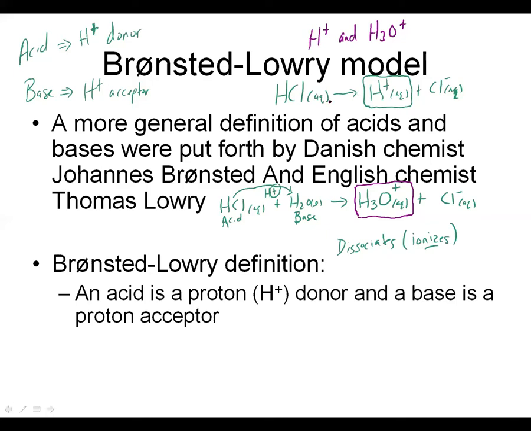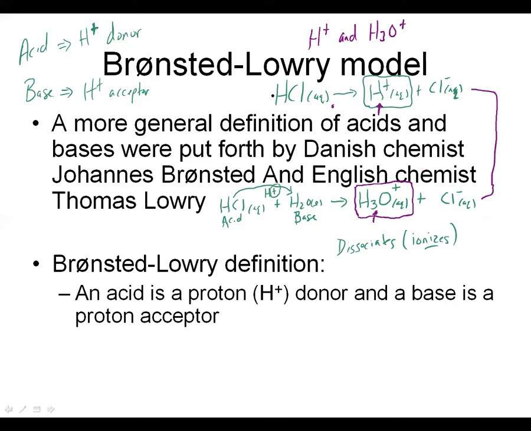When we don't include water, which is very common when we write a reaction for a strong acid, that is when we get the H plus that is formed. They're again identical to each other. Both of these reactions are perfectly fine ways to demonstrate how hydrochloric acid is breaking apart in water.